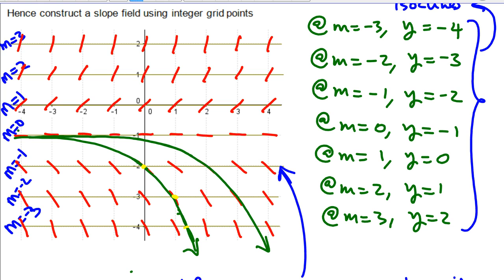Something like this. And as you can see, when that curve crosses a specific line, the gradient should be what it's supposed to be on that line.